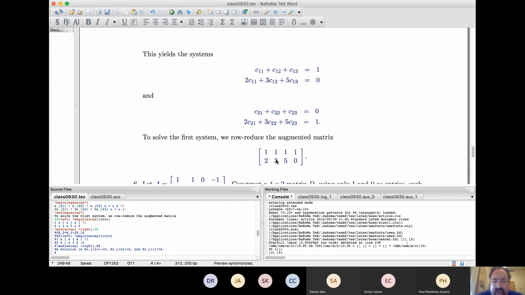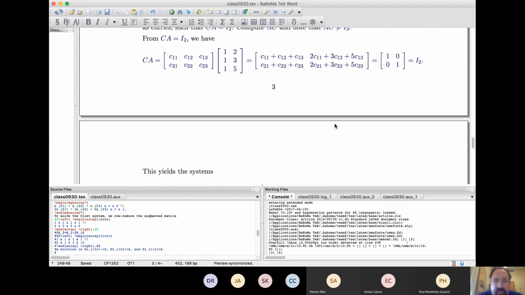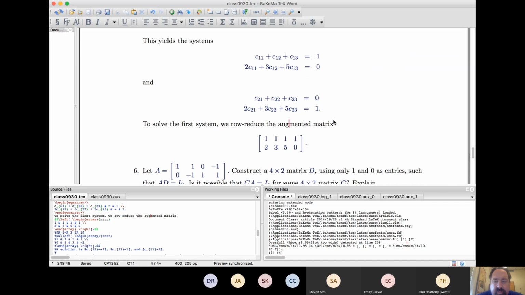How does this part relate to A? It's the transpose. So these first three columns are the transpose of A. And then here we have the first row of the identity right here.